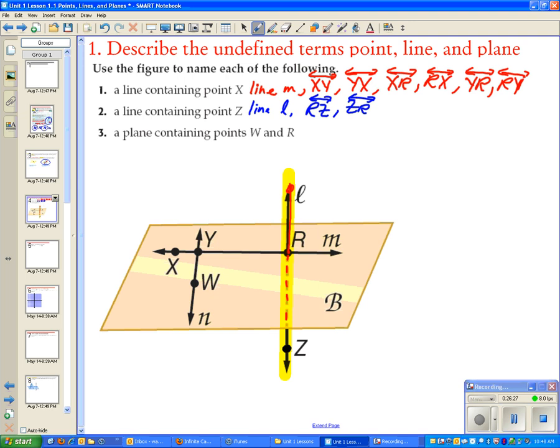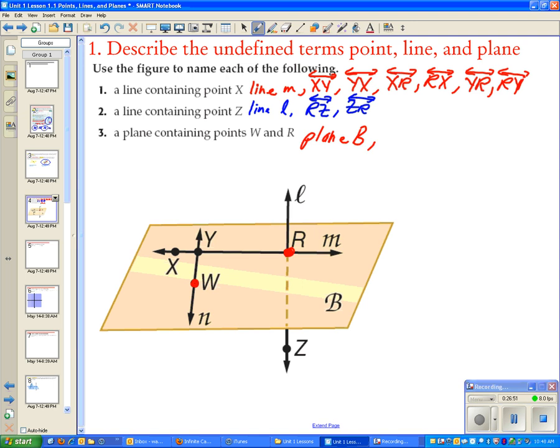Okay, good. And now we want a plane containing points W and R. There's W, there's R. Well, they're both in plane B, aren't they? Okay, they're in that beige colored plane. So all we have to write is plane B. Now, that's not the only name.